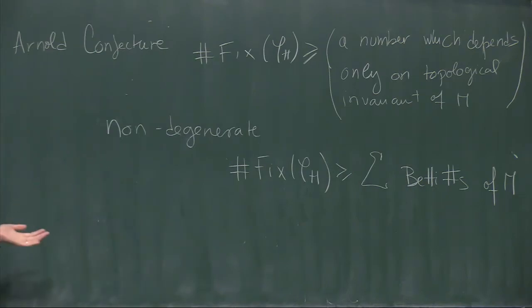So it must have fixed points. Okay, so this phi 1, it is a symplectomorphism, but it's not a Hamiltonian diffeomorphism.